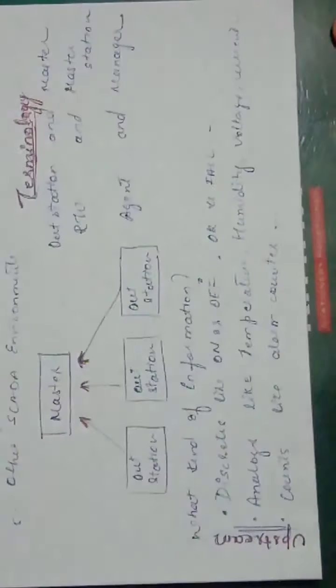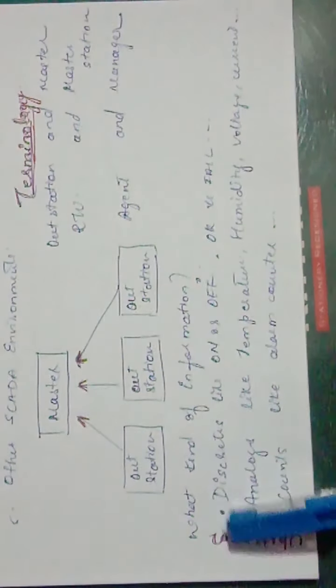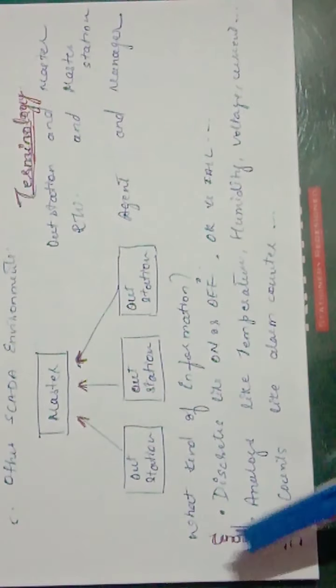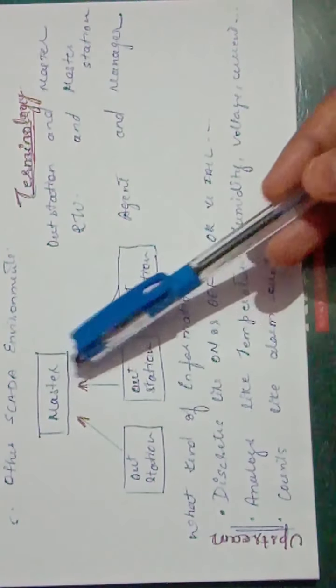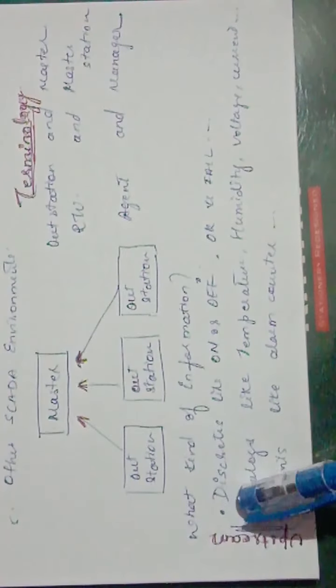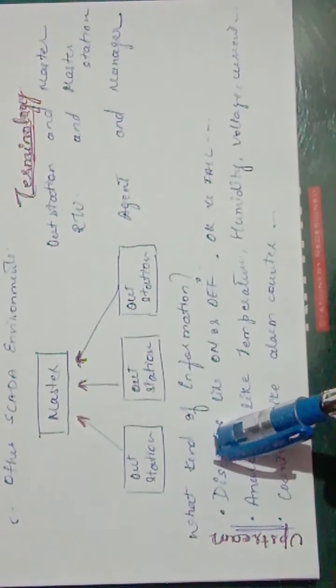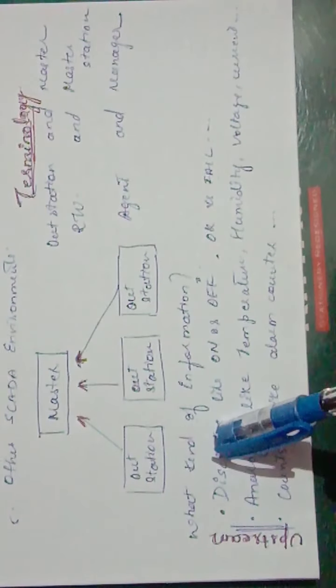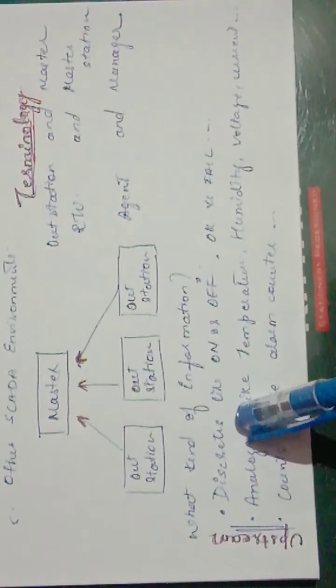And what kind of information is actually acquired here? Upstream means what kind of data goes from the outstation to your master. Suppose a sensor is on or off, or some actuator ran successfully or was a failure. So some discrete values can go.